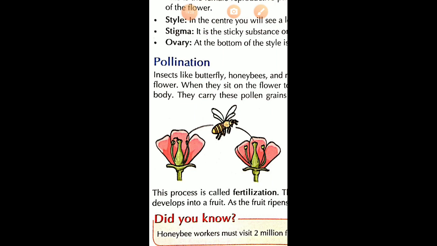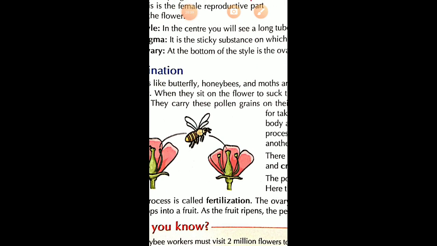See, in a flower there are two types of pollination, self pollination and cross pollination. Now the question arises, what are the agents of this pollination? The agents are air, water, insects, bats or birds. For example, insects like butterflies and honeybees are attracted.